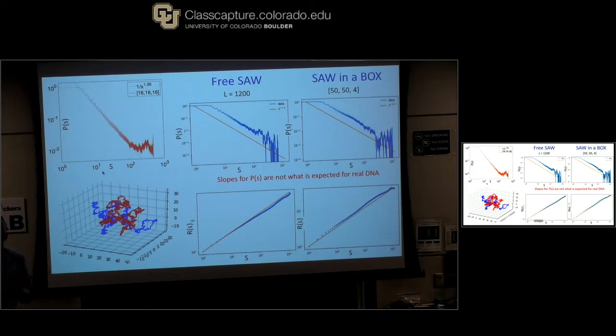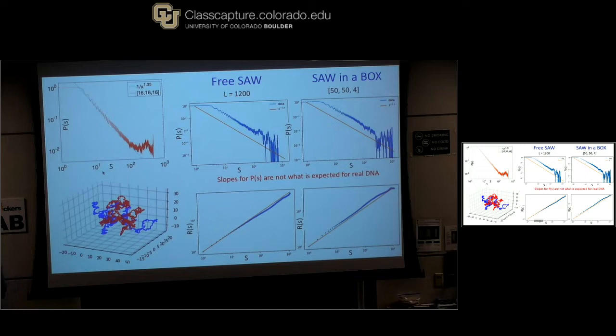Before we start playing with something super complicated, we can ask what is the effect of constrained space. So we say that our self-avoiding random walk can walk only inside a box, and for different boxes we can measure P of S and R of S. Basically we can scan everything from isotropic space, which would correspond to a cube, and if we change the ratios of our box, we can go to effective two-dimensional space and even one-dimensional space.